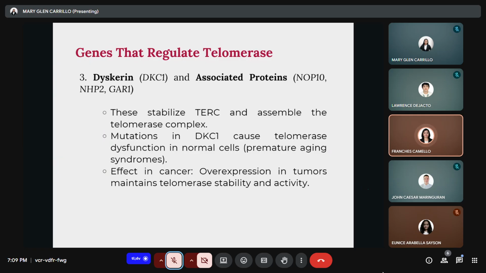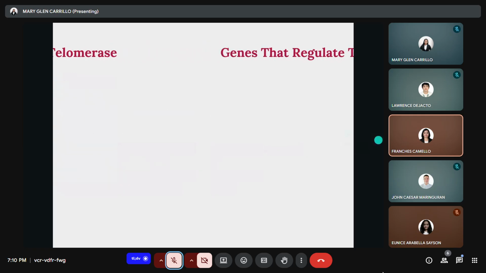In normal cells, if dyskerin is defective, telomerase becomes unstable, which leads to premature aging. But in cancer, tumors often overexpress these proteins, which keeps telomerase stable and fully functional, which supports uncontrolled proliferation. Next slide, please.